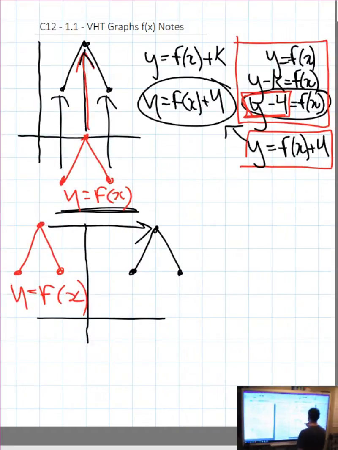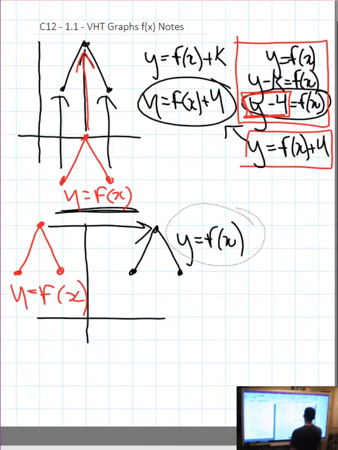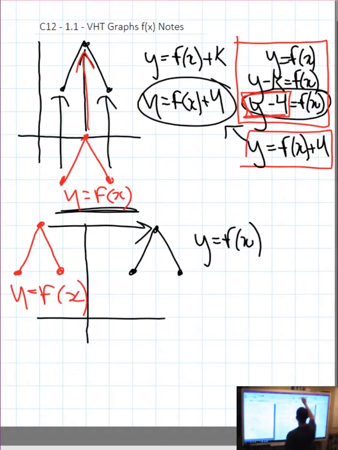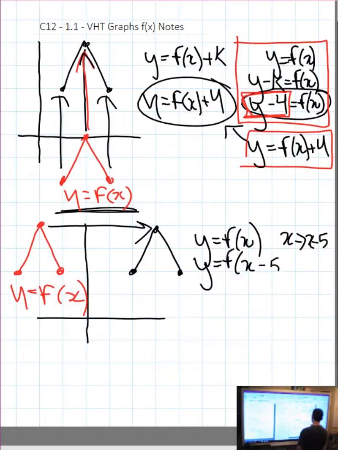So again, remember, we can have y equals f of x. And if I want to go right 5, I'm going to substitute the opposite operation for the variable. And I'm going to take x, and I'm going to put x minus 5 in for x. Y equals f of x minus 5.